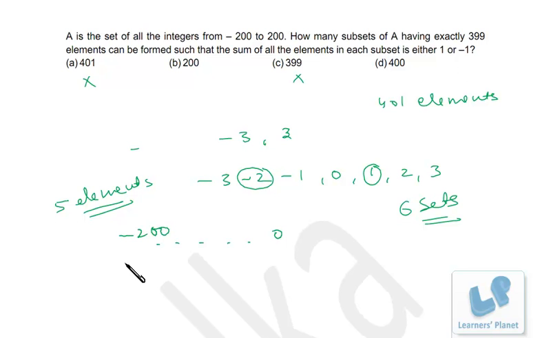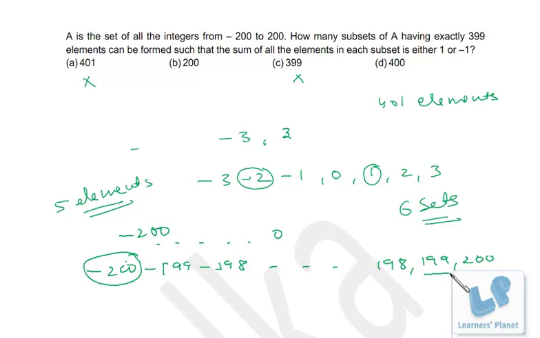Further, I elaborate this: minus 200, minus 199, minus 198, here 198, 199, 200, right? Initially I dropped minus 200 and 199, right? The sum of all the numbers from minus 198 to 198 will be 0 and then we are left with minus 199 and 200, the sum will be 1.